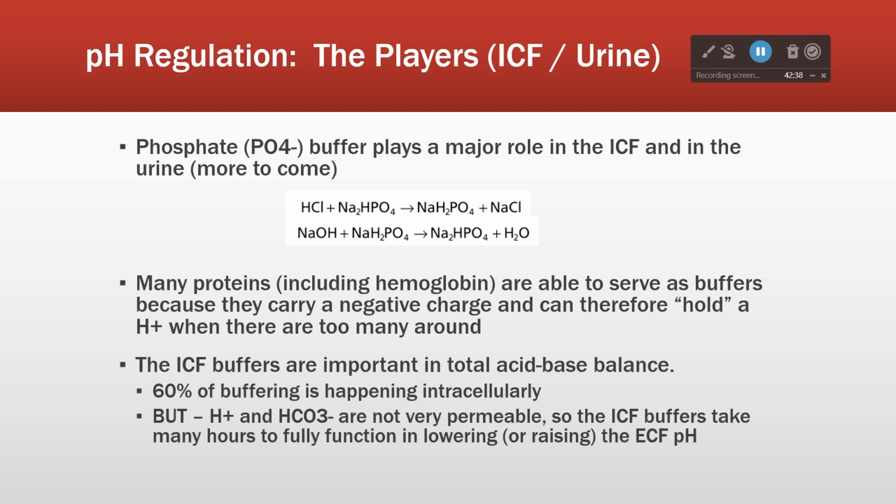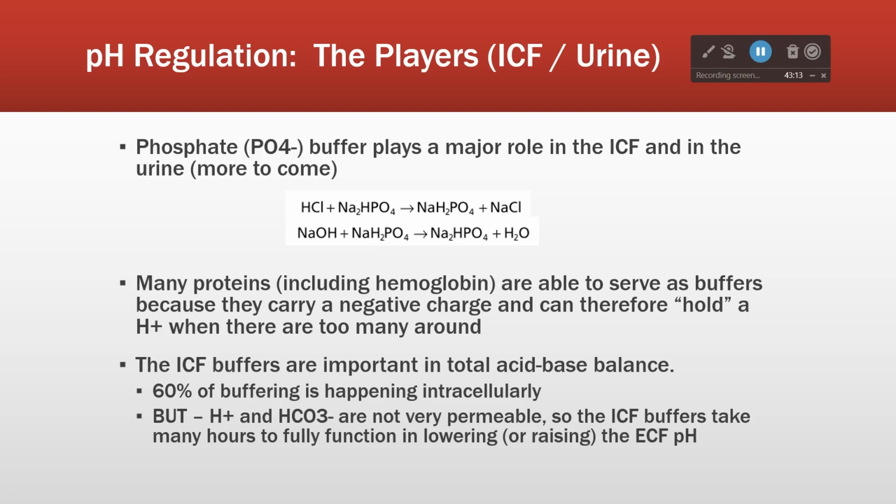Because our ICF volume is quite a bit higher, and because intracellularly is where the metabolism is happening, 60% of our buffering is happening intracellularly. Now, hydrogen ions and bicarbonate, believe it or not, are not particularly permeable. They need a transporter, so some cells are going to be more permeable to bicarb and hydrogen ions than others.